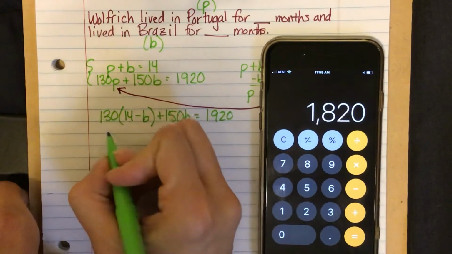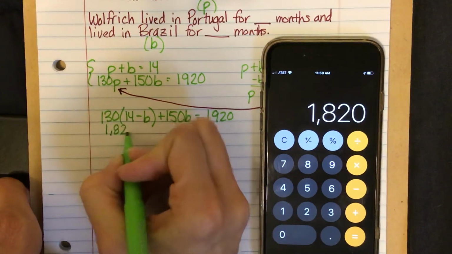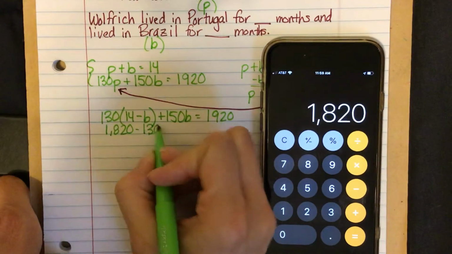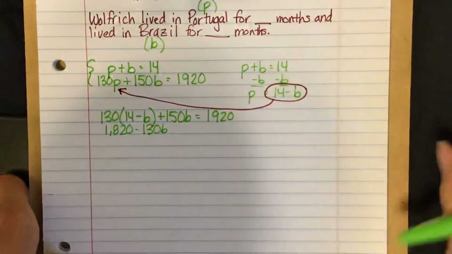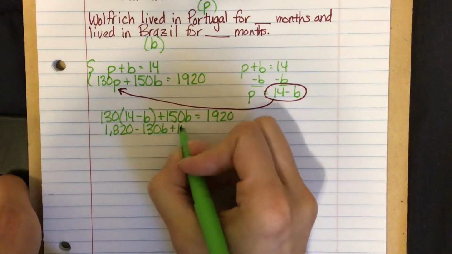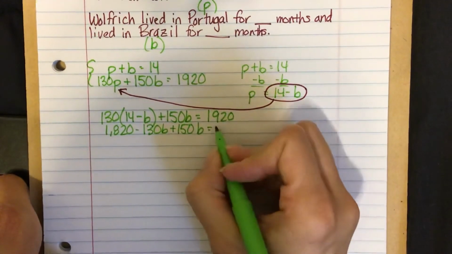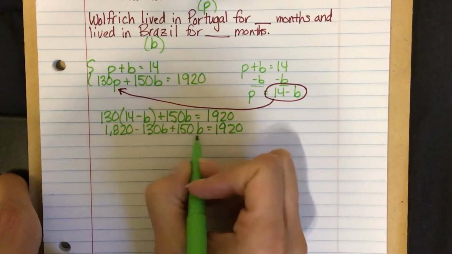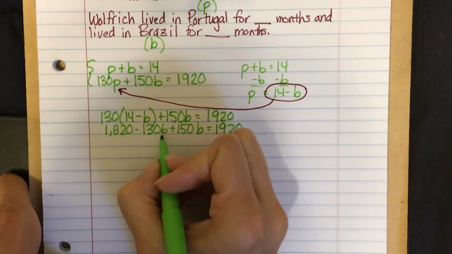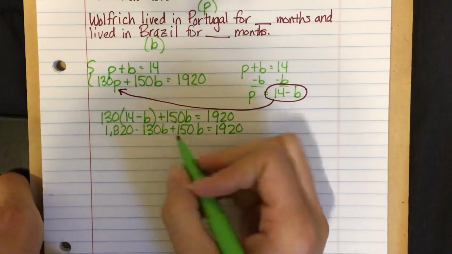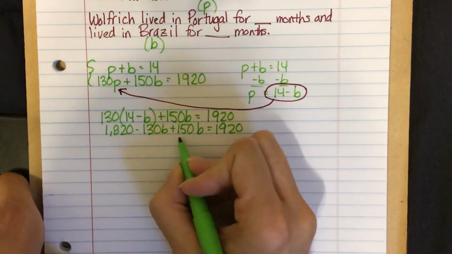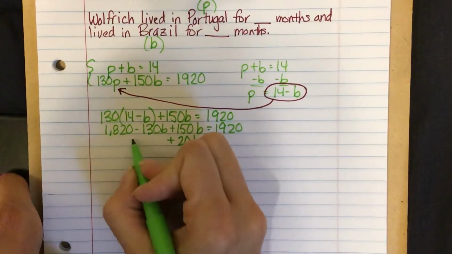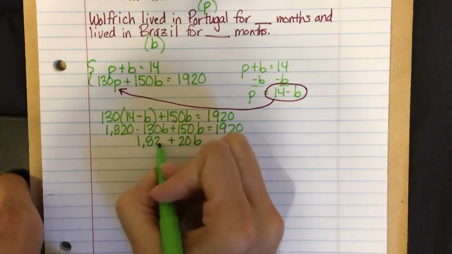This is going to be 1,820, and then I'm going to distribute this as well, so negative 130B, plus 150B is equal to 1,920. Now I can combine these like terms, so I have negative 130B and positive 150B, so this is going to be 20B, and then that's positive now. I'm going to bring down my 1,820.